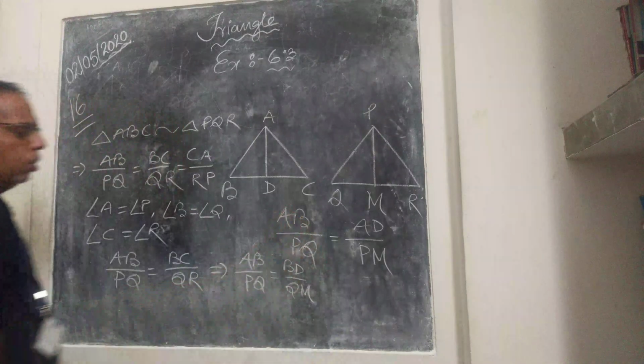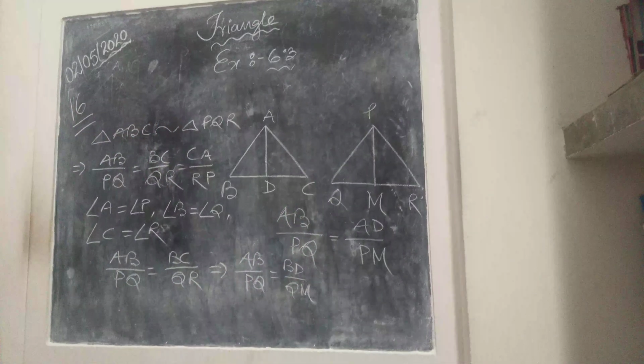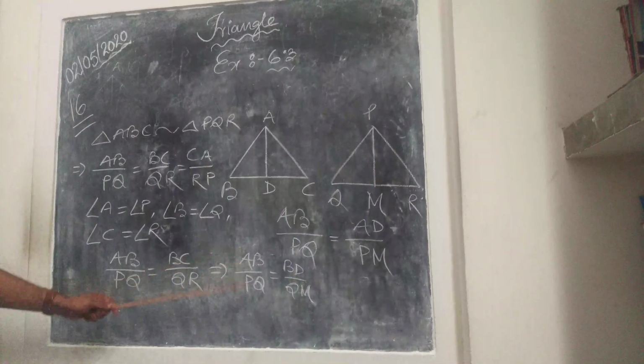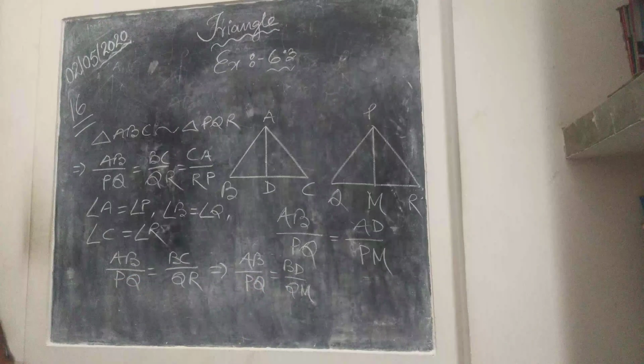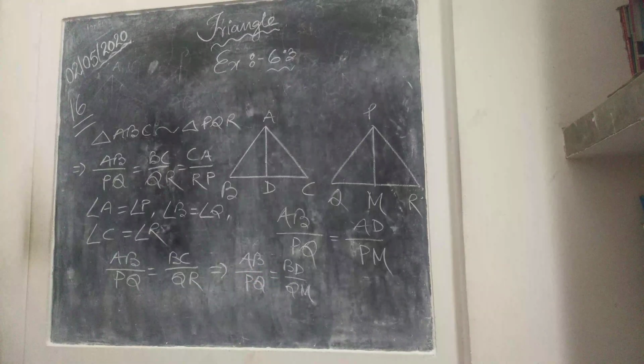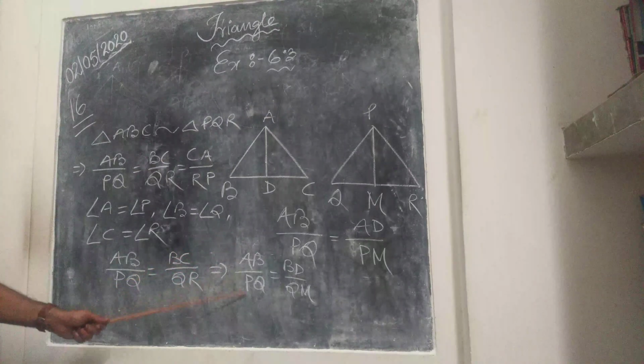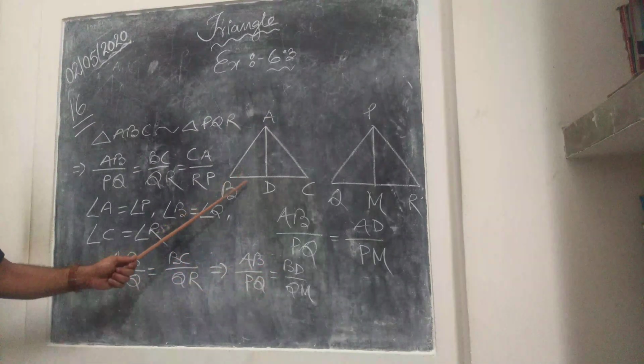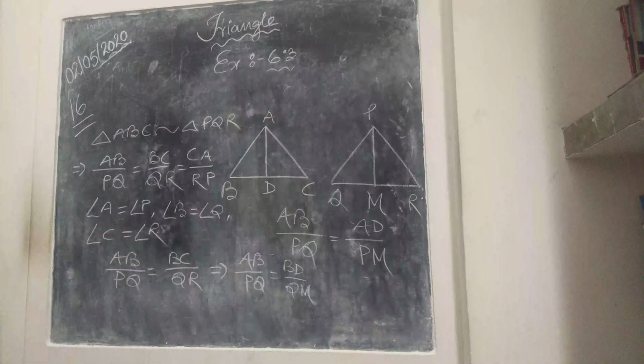Can you write or not? AB by PQ equal to BD by QM. I skipped 2 steps. Can you say under what condition? Condition is that half BC by half QR implies AB by PQ equal to BD by QM, because D and M are the midpoint you got in question number 12.